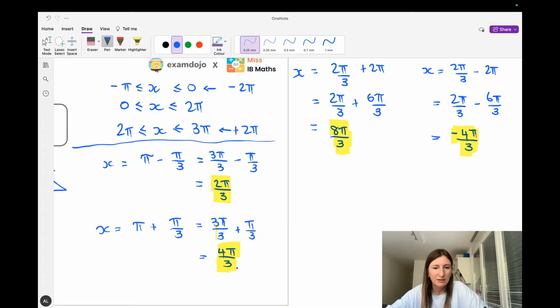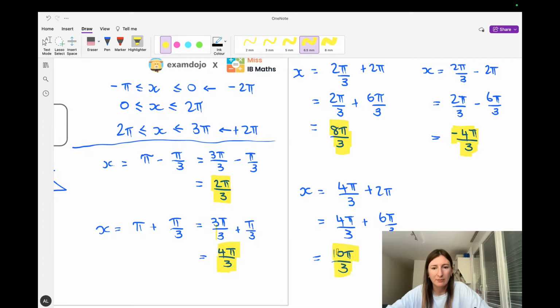And lastly, this value over here, 4 pi over 3, we're going to add 2 pi and subtract 2 pi. So let's do plus 2 pi. Was there anything in the chat? No. 4 pi over 3 plus 6 pi over 3 is going to give us 10 pi over 3.